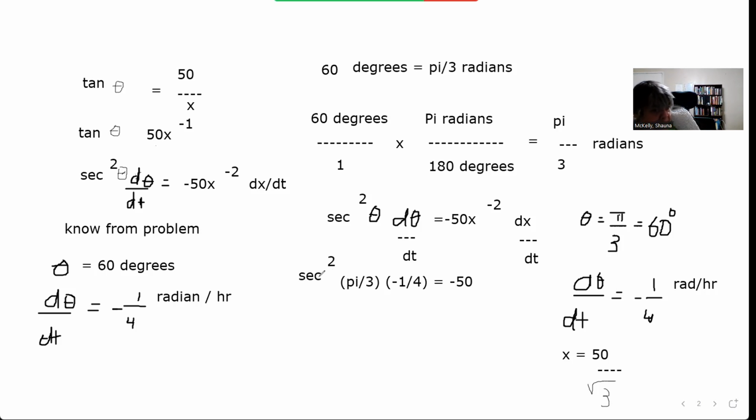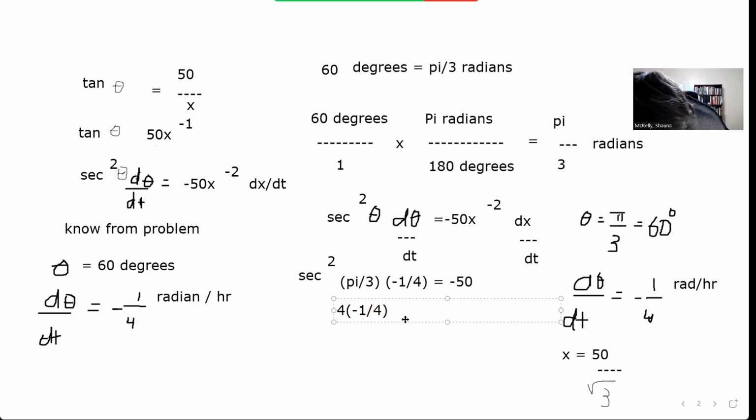Once again, pi thirds. Cosine is a half. Square it, you get a fourth. Flip it over, you get 4. So secant squared of pi thirds is 4. Okay, that's 4 times a negative 1/4.